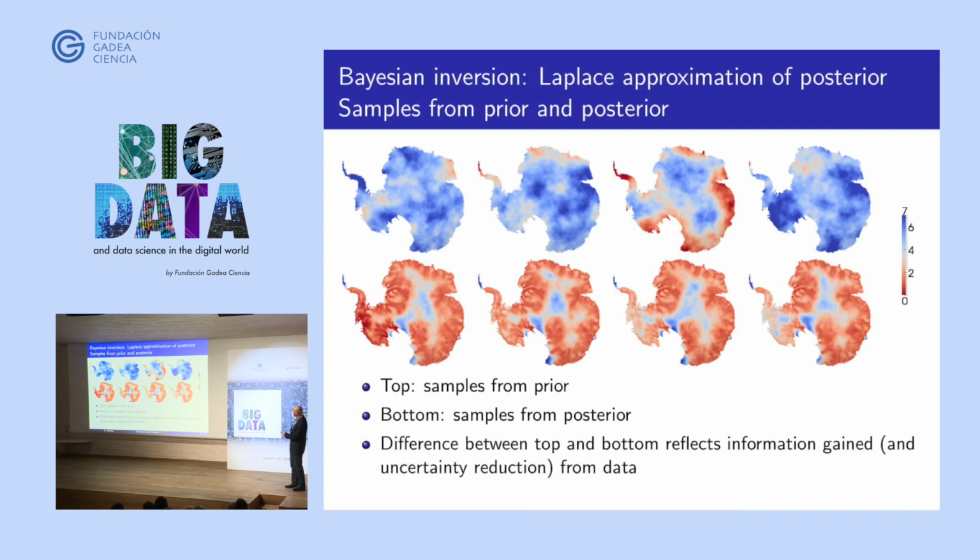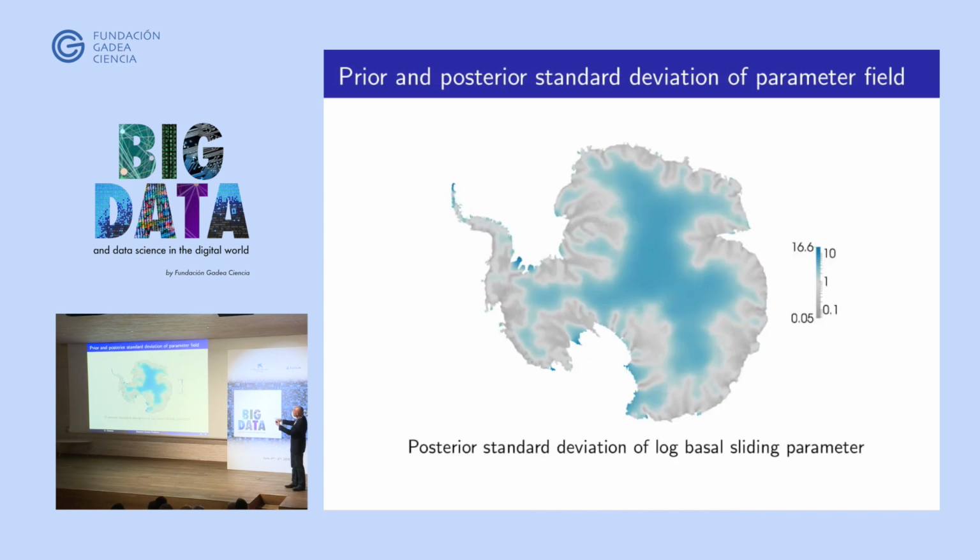And you can actually combine this into a map of the posterior standard deviation, and you can see that there's maybe 1.5 to 2 orders of magnitude larger standard deviation in the interior than there is out at the ocean. So this tells us, relatively speaking, that we can have greater confidence in these regions that are critical. The inference of the basal friction at the base of the ice sheet, we can have greater confidence in it in many of these regions where you have fast-flowing ice flowing out to the ocean.